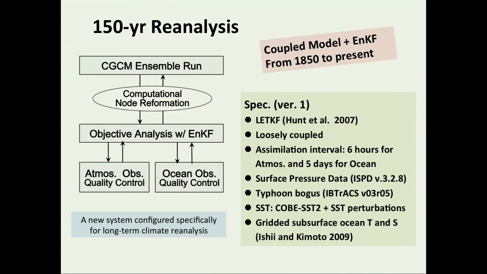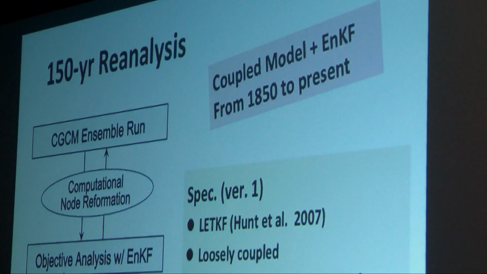In order to prepare for CMIP6, we have been introducing an ensemble Kalman filter data assimilation system, and we are now going to check it with the recent period. But before that, we would like to check that the ensemble Kalman filter is working like a compo-type atmosphere, and that is a repeat of the compo study.